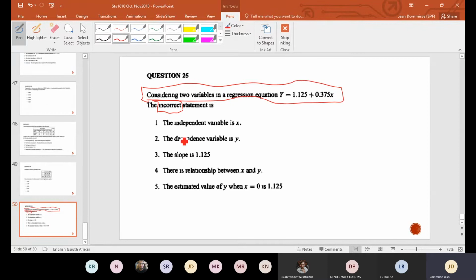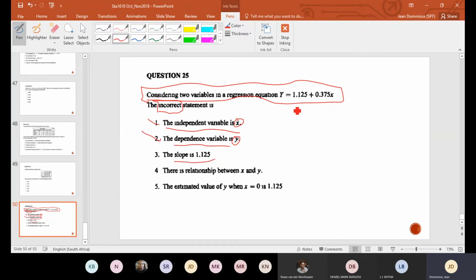Okay, so the first thing, let's look at independent, dependent. So is X the independent variable? Yes or no? Yes. So that is absolutely correct. So if that one is independent, that one is dependent. So absolutely 100%.